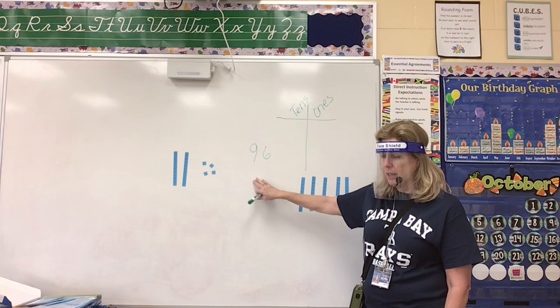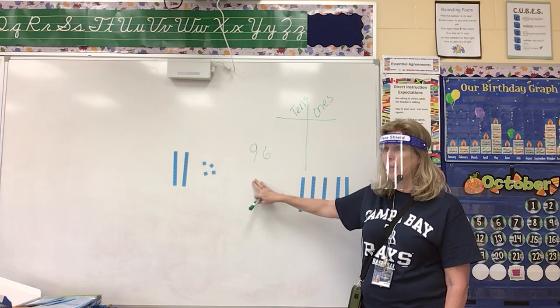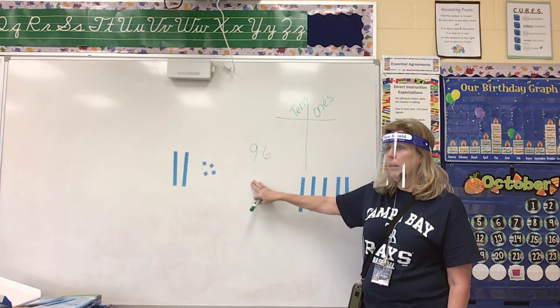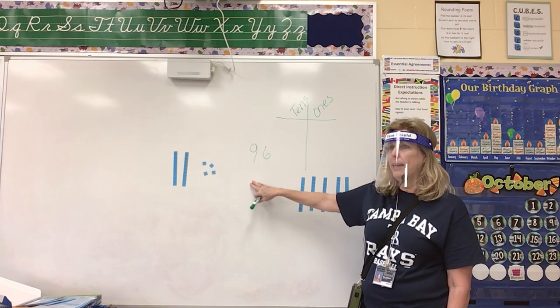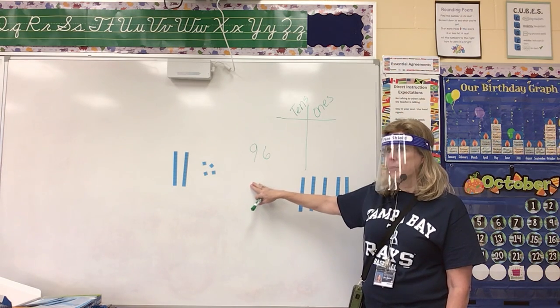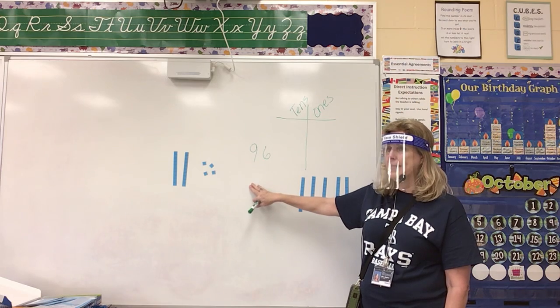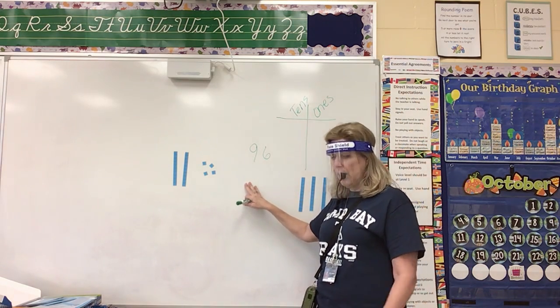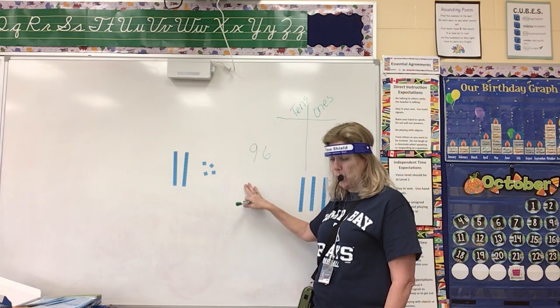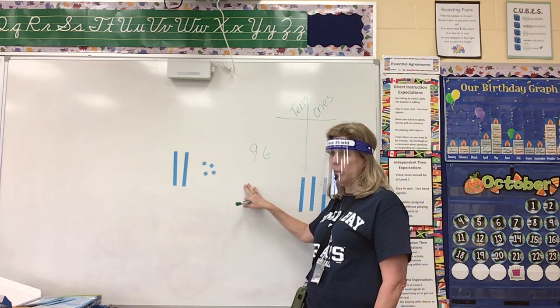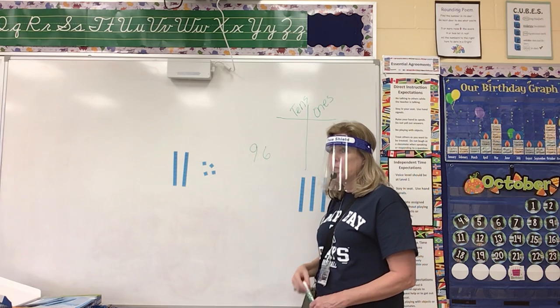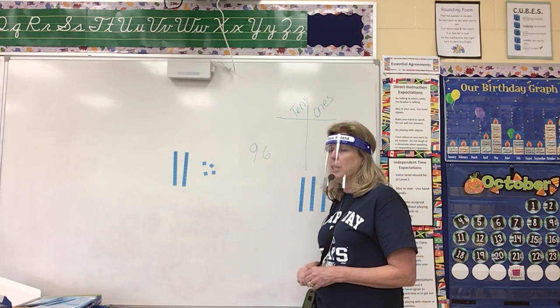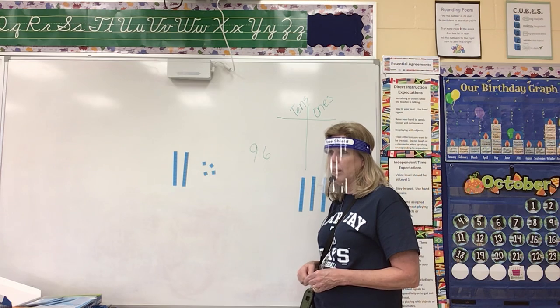How many complete rows can he make? What do you think, Eli? He has 96 total. He's putting 10 chairs in a row. So how many rows is he going to have?